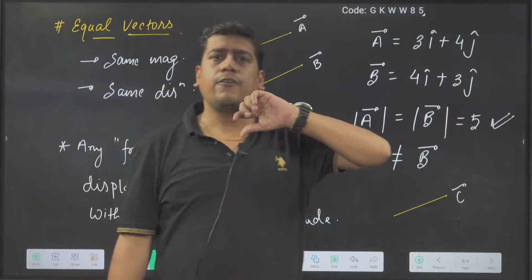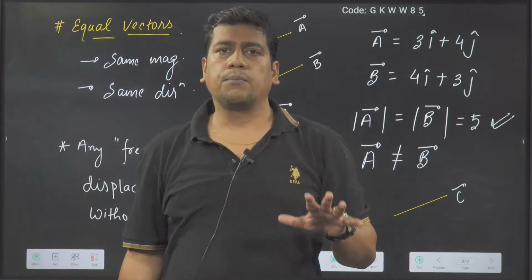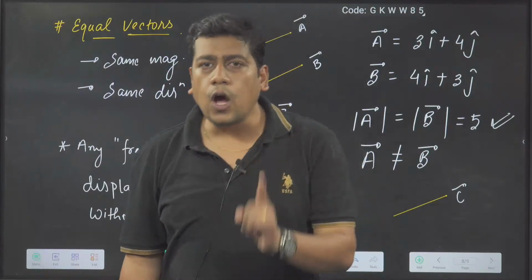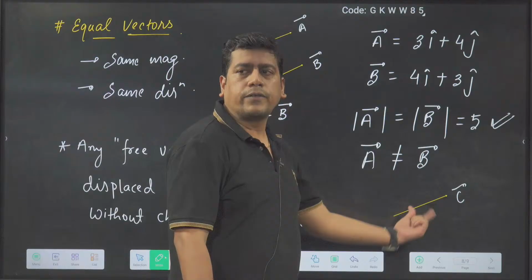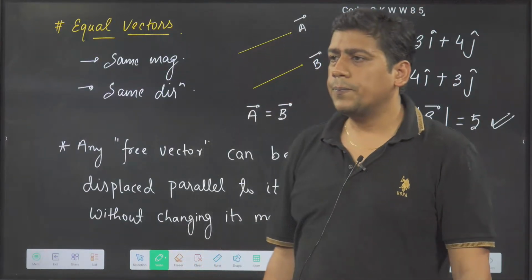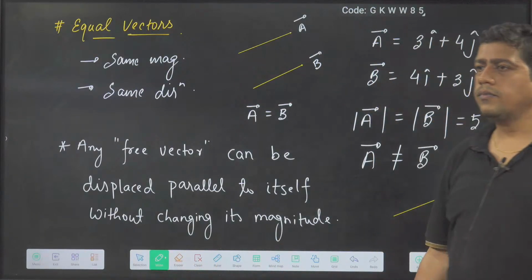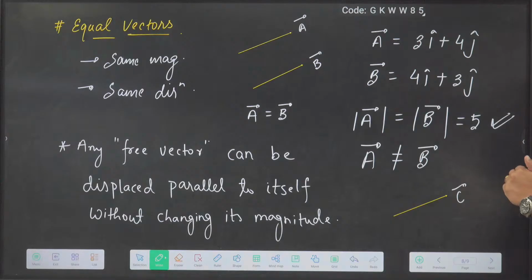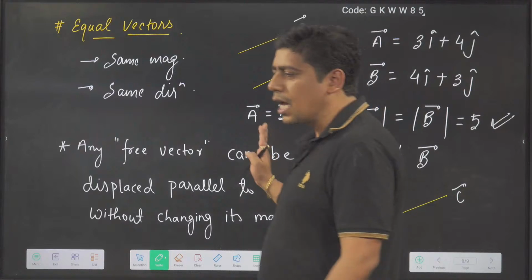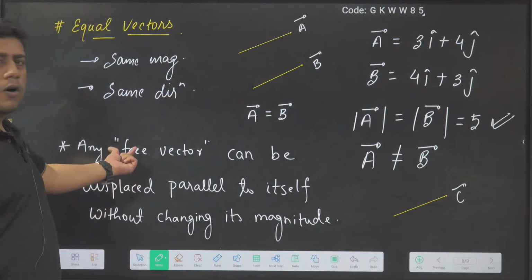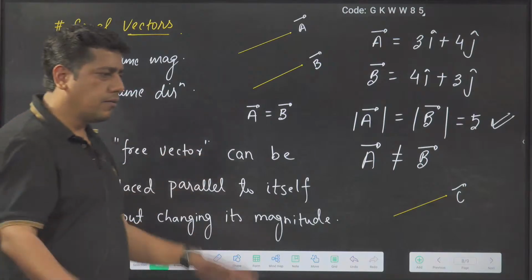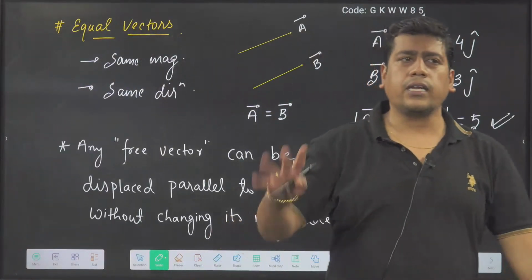That means any vector we can displace parallel to itself without changing its magnitude, means you should not change the length of this vector. Okay? Such vectors we call free vector. But at our level, this is applicable to all kind of vectors. Just don't worry about the word free vector. Forget about the word free. Any vector we can do like this.